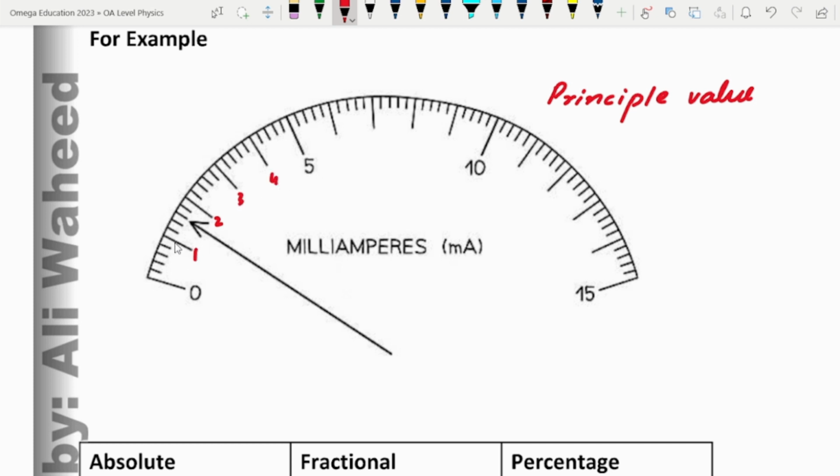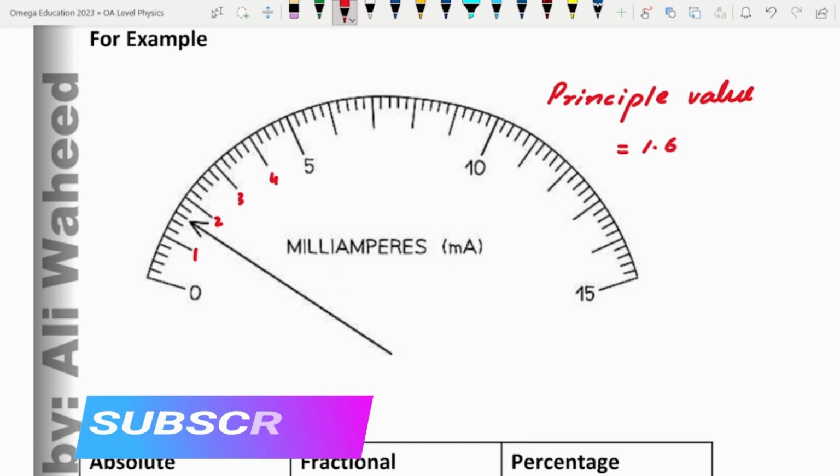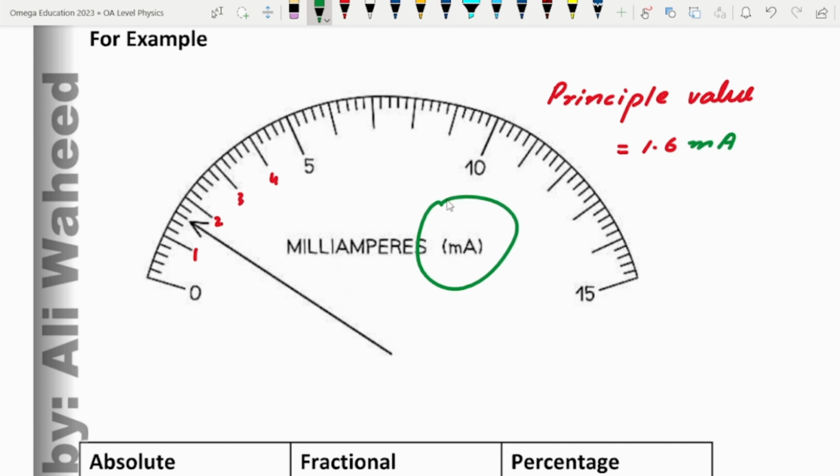So the principal value in that situation would be 1.6, and we have to write the unit. We always write down the unit, which in this case is milliamperes. We can see it from here. Okay, so this is the principal value.